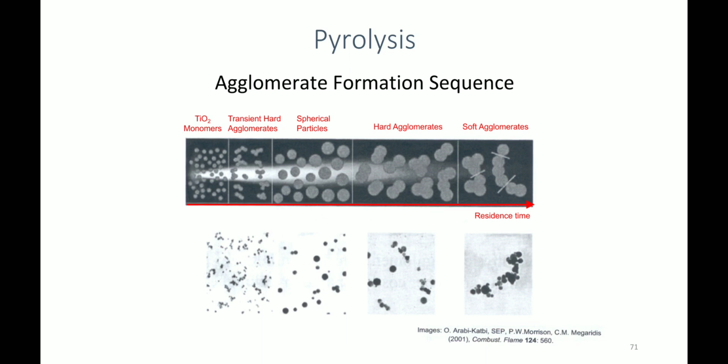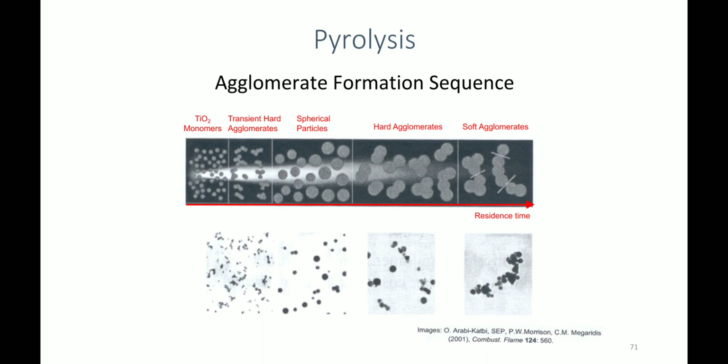What they have done is they have tried to understand what kind of growth takes place during this flame spray pyrolysis. So basically they have made different compartments where different regions of the flame have been divided.